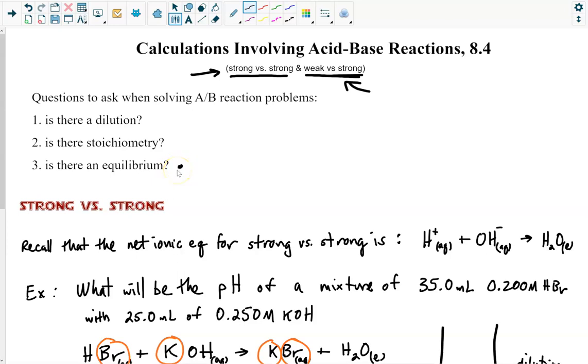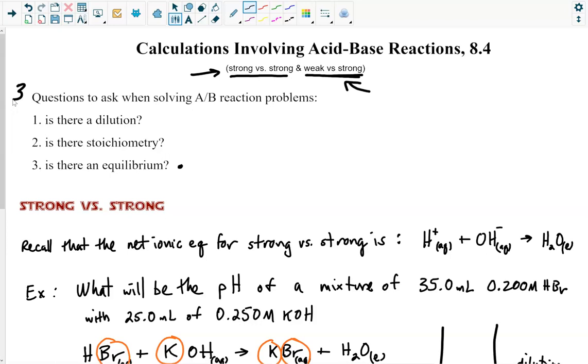Okay, when you are presented with a problem that involves an acid-base reaction, you always have to ask yourself three questions. One, when you mix the two solutions together, is there a dilution? In other words, if you add 30 milliliters of an acid to 30 milliliters of base, the final volume is 60 milliliters.